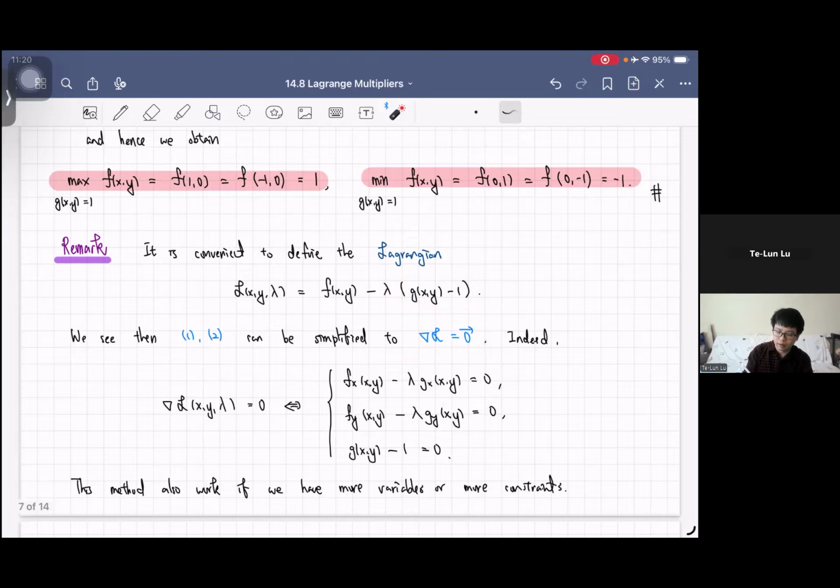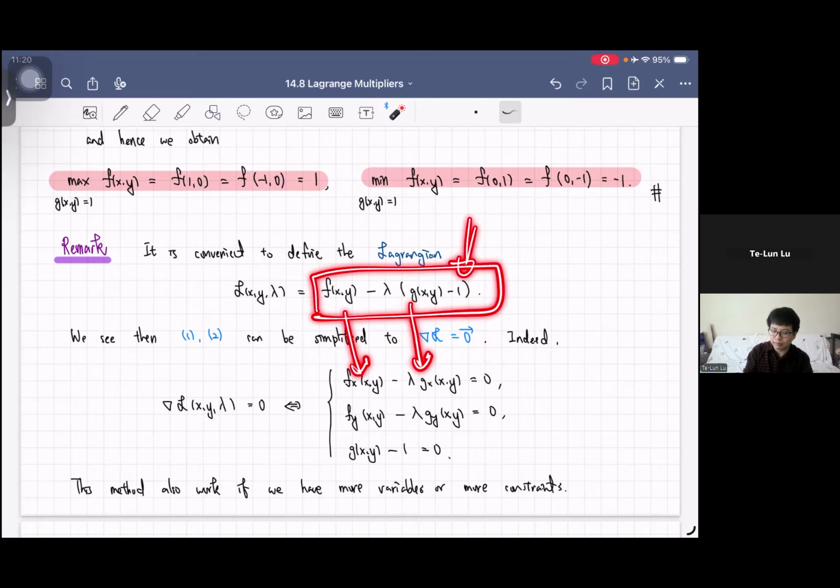Let us see why. Gradient L being 0 means that the three partial derivatives x, y, and lambda are all 0. So if you take the x derivative, you'll get fx minus lambda gx, right? The one here does not really matter. And similarly, you have fy minus lambda gy being 0. And if you differentiate by lambda, then it is simply g of xy minus 1 being 0, right?